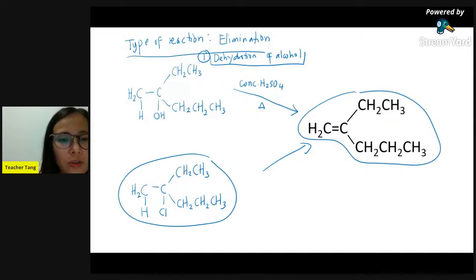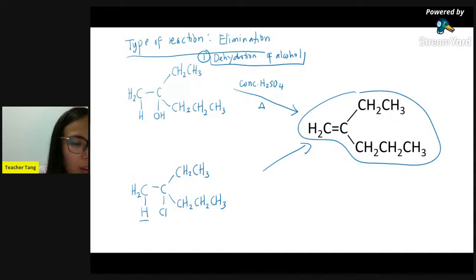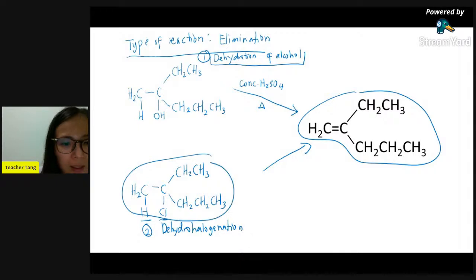So from your haloalkane, how do you get this alkene? It is through removal of hydrogen and also the halogen. Therefore, this way of preparing your alkene is called dehydrohalogenation, because you remove hydrogen and you remove the halogen from the haloalkane.